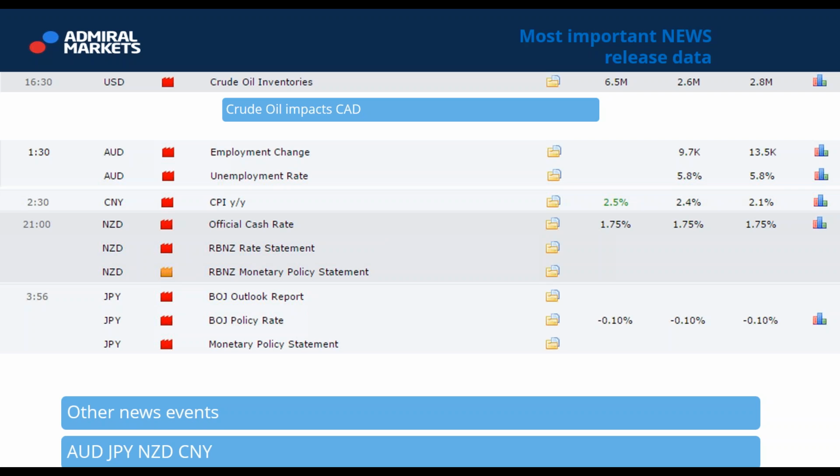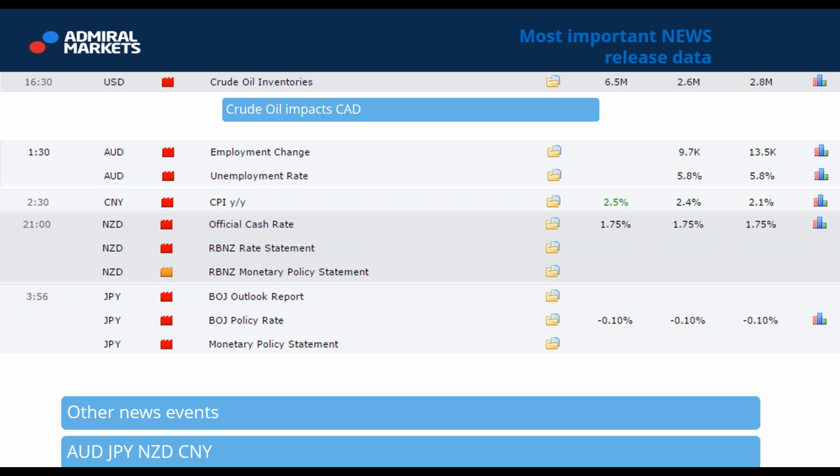In the Forex Factory calendar and a lot of different calendars, it says that crude oil inventories have a huge impact on the dollar. I personally think that crude oil impacts CAD the most. So when you see the crude oil inventories release, pay attention to CAD. It will have an impact on the dollar CAD currency pair, but I personally think that it has a really higher impact on the CAD currency.